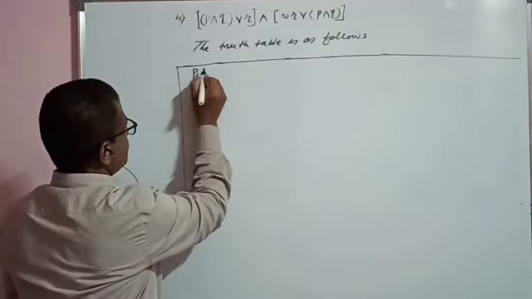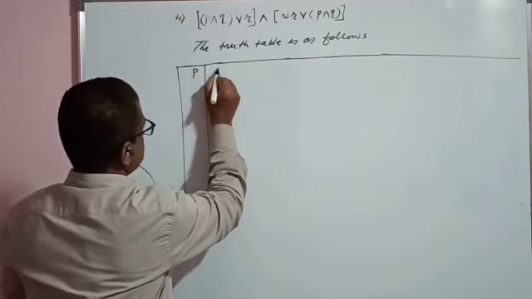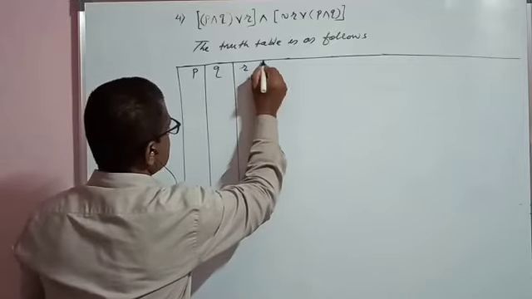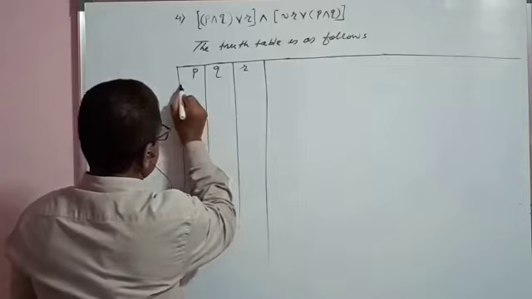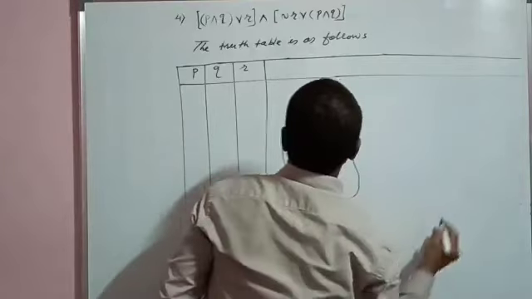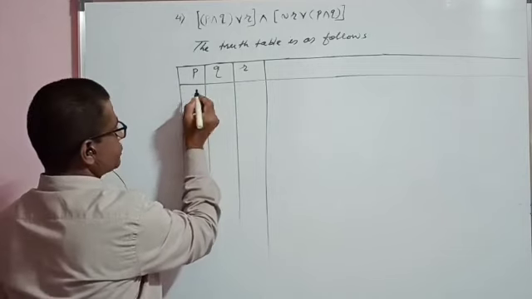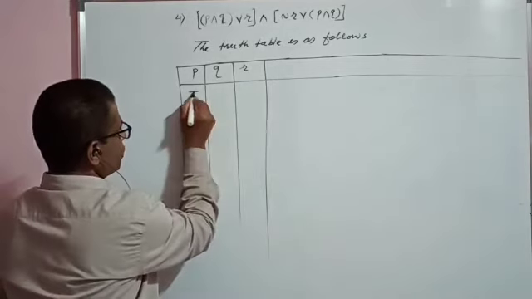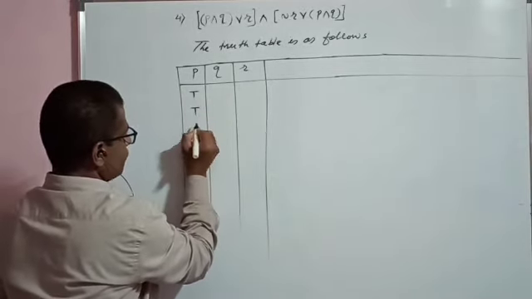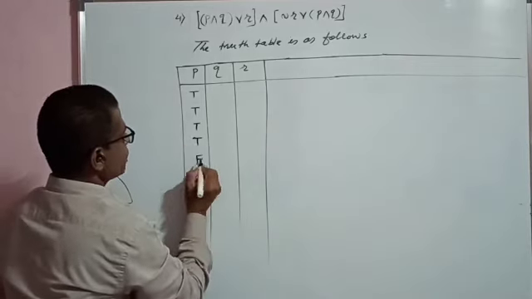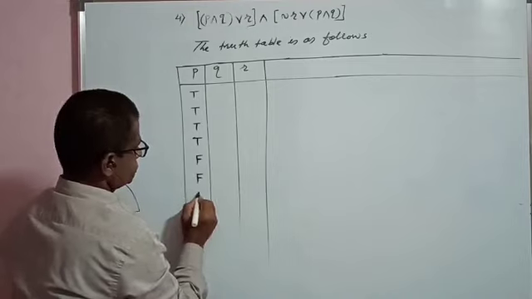This is the statement P. This is the statement Q. This is the statement R. So while writing the truth values of statement P, you write first 4 are true, next 4 are what? False.